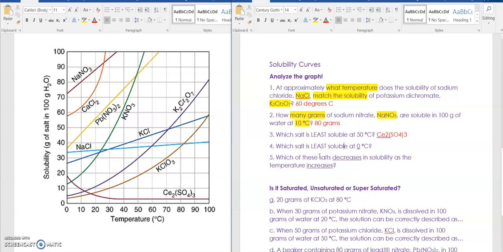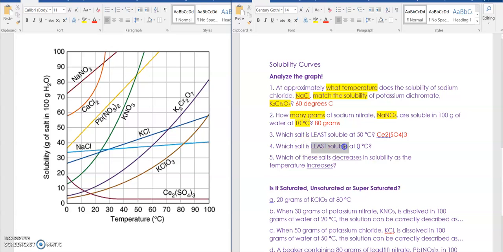The next question is also asking about the least solubility. So I know I want to be looking at which line is closest to the bottom, closest to the 0 point of my solubility, my grams. If I'm looking at 0 degrees, I'm going to be right here. I can see there are several lines that are pretty close to 0, but I want the one closest to the bottom if I'm looking for least soluble.